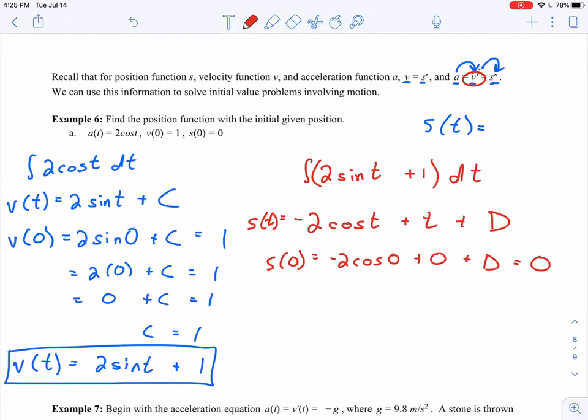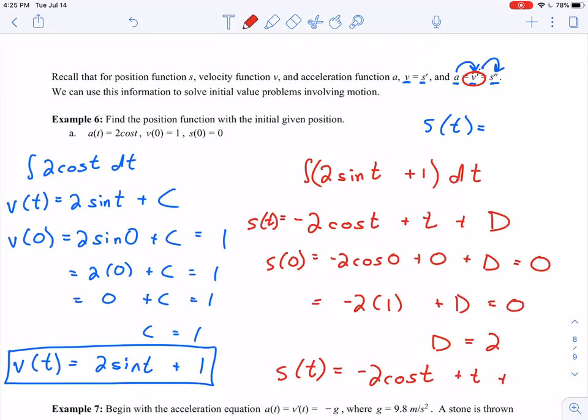So now I have this equation in which I can solve for d. So this is negative 2 times 1 plus d is equal to 0, so I end up with d equals 2. So my position function then is s of t equals negative 2 cosine of t plus t plus d, which we just said was 2.